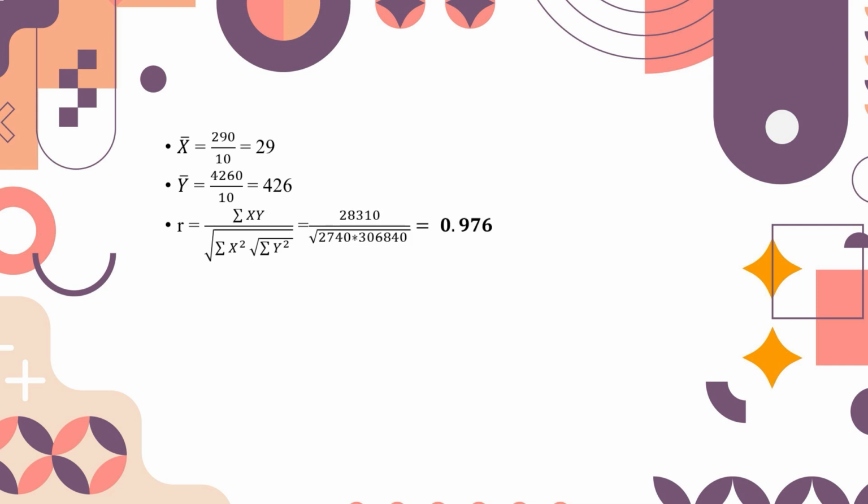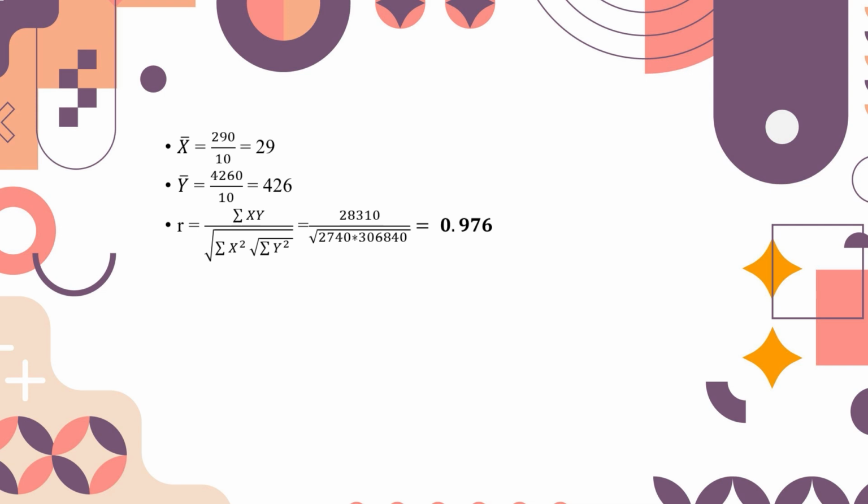From this data the average of x is 29, as 290 divided by 10, and the average of y is 426, as 4260 divided by 10. Then we have calculated x minus x bar, y minus y bar, x square, y square, and xy. All these values are given in table 2.